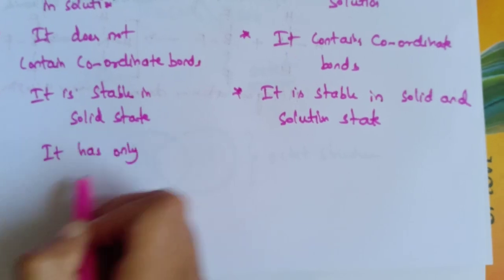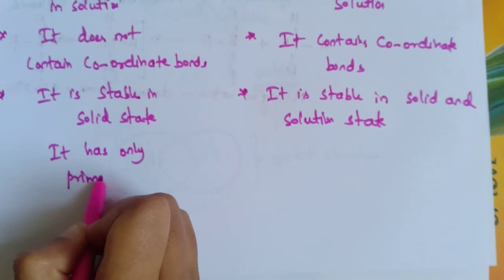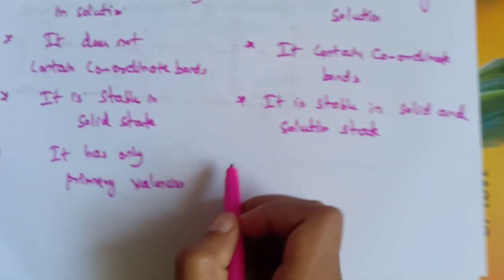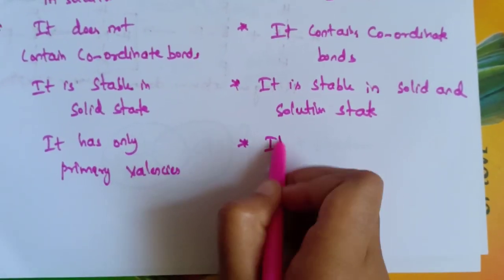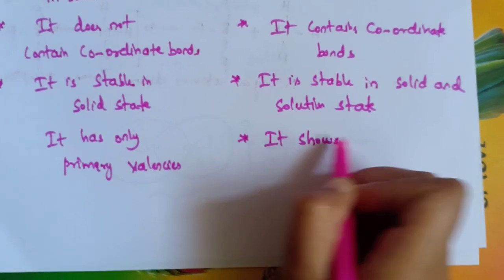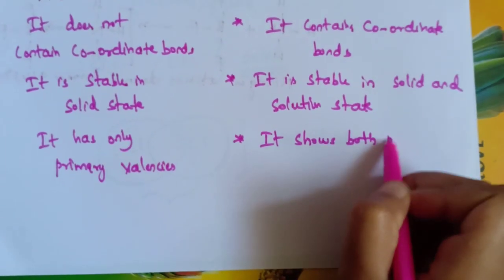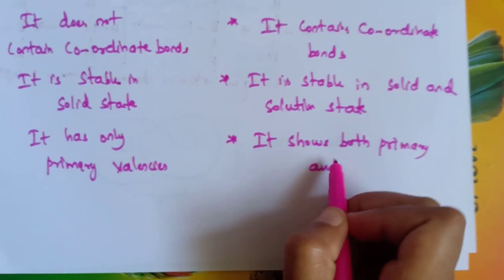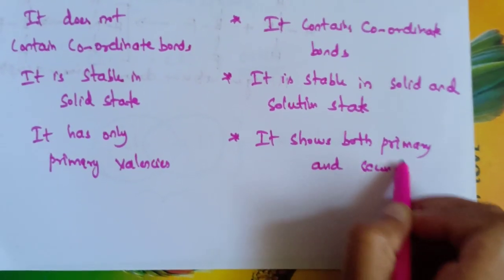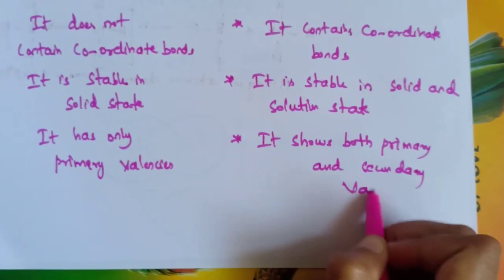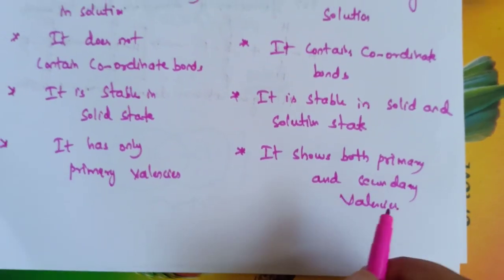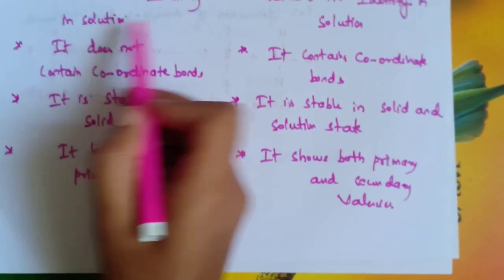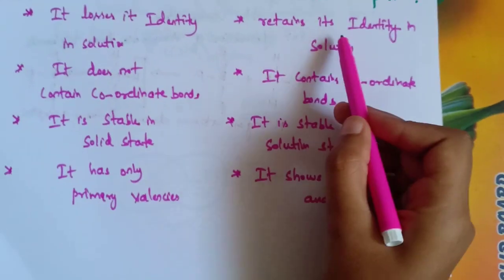The double salt has only primary valences, and the coordination compound shows both primary and secondary valences.